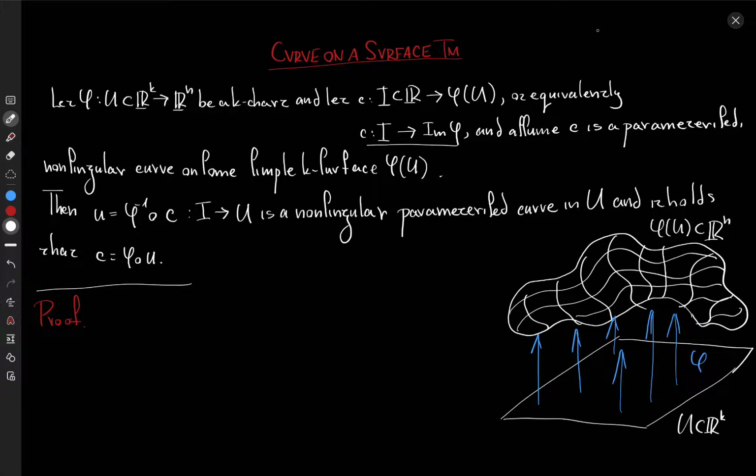So this is function phi. Somewhere here on the side, let's put it in red, we have a real interval, I, and some map, C, it's a curve, which maps this interval onto this surface here. So something like this. And this is, of course, C.